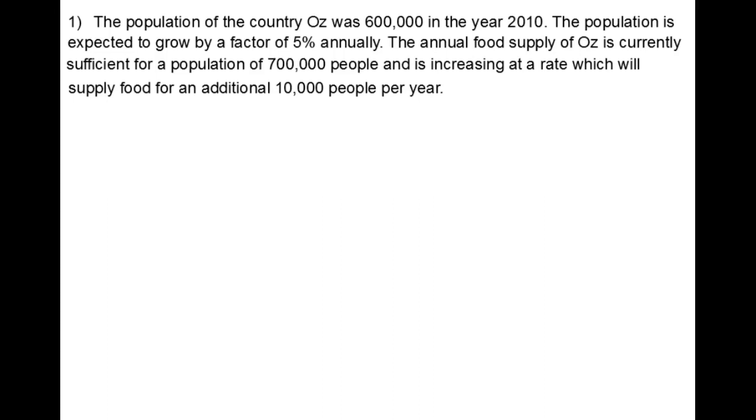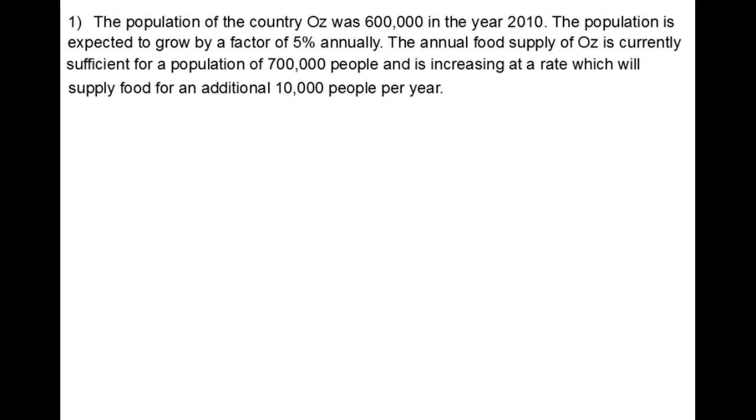So we're kind of figuring out if the population will outstrip the food supply, which is something that many people do get concerned with in real, non-fantastical places like Oz, like New York, or a certain country whose population is growing but their food supply can't hold up. So we're going to try to figure this out.